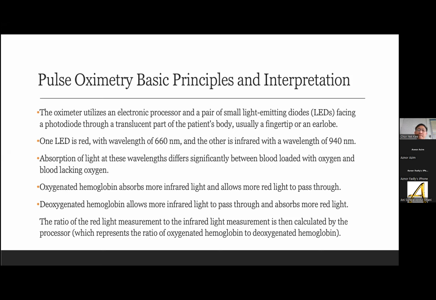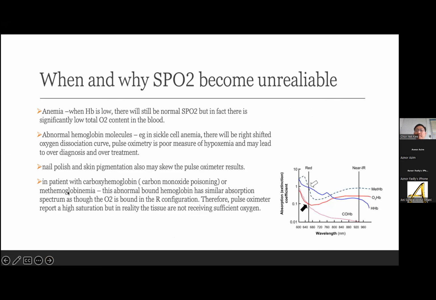Oxygenated hemoglobin absorbs more infrared. Deoxygenated hemoglobin absorbs more red light. So the microprocessor will calculate the ratio and display it as a SpO2 reading. Currently we rely very much on our SpO2 to judge the PaO2 available in the body, so to judge the oxygen condition in our body.